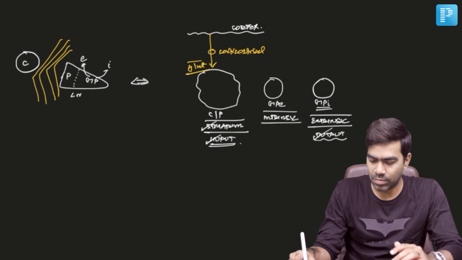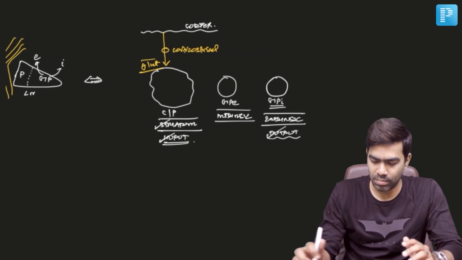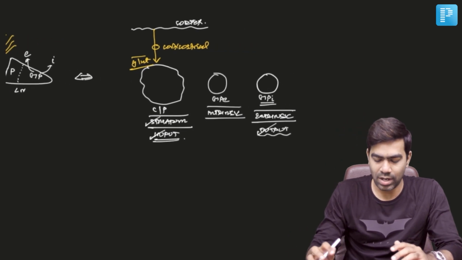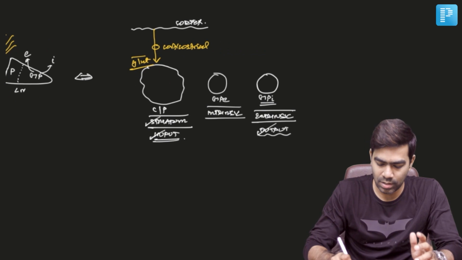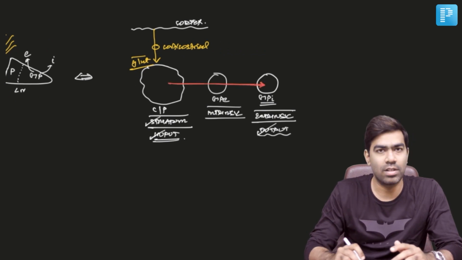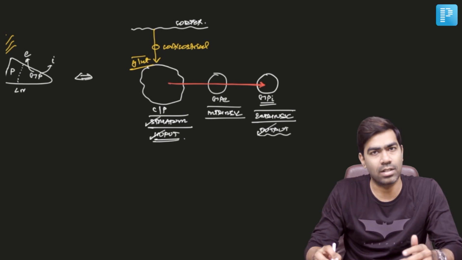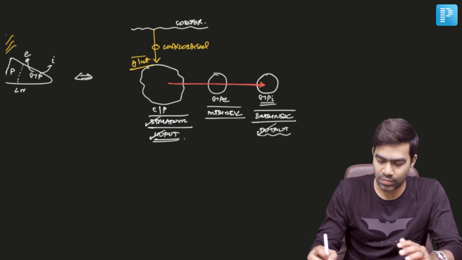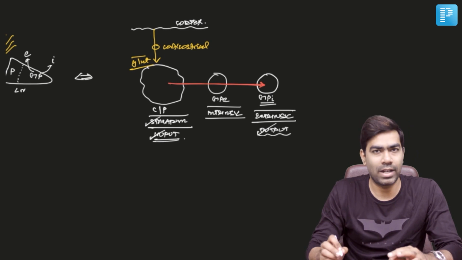And once the input comes into the striatum, the striatal fibers will be then activated and they're going to give further stimulus to the globus pallidus internus directly. And these fibers are called as striopallidal fibers.